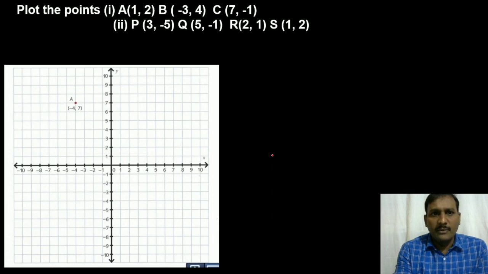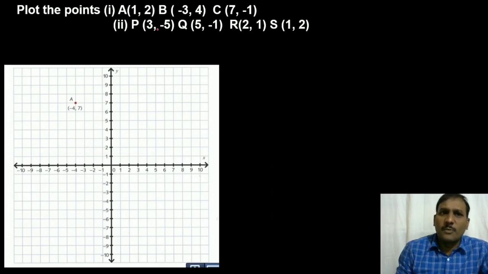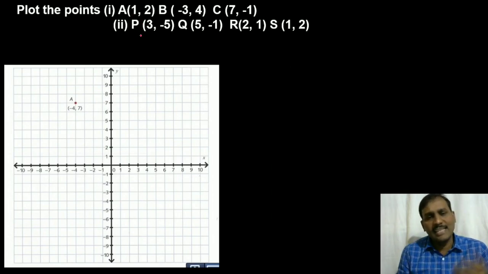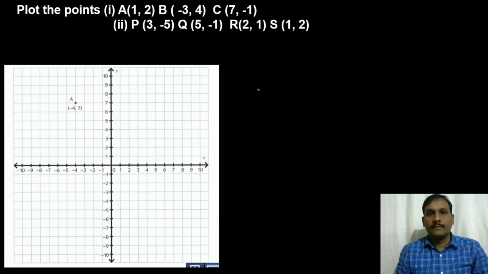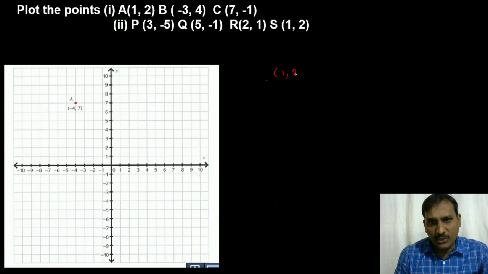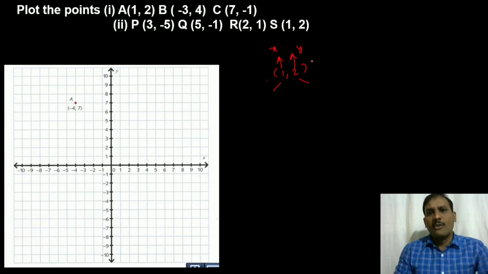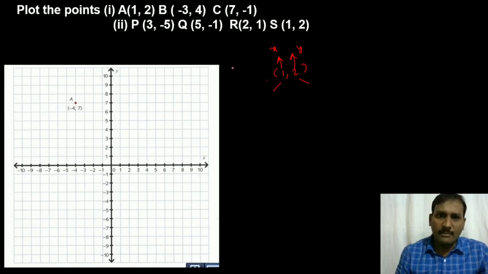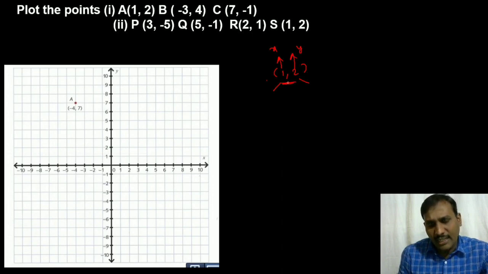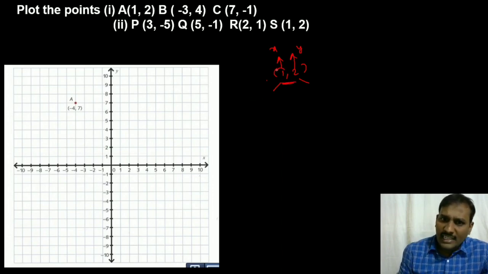Okay, now let us plot these points and say in which quadrant they will be present. When you take a point 1 comma 2, 1 is the x coordinate and 2 is the y coordinate. Whenever you are trying to identify this point on the graph, let us start with x.